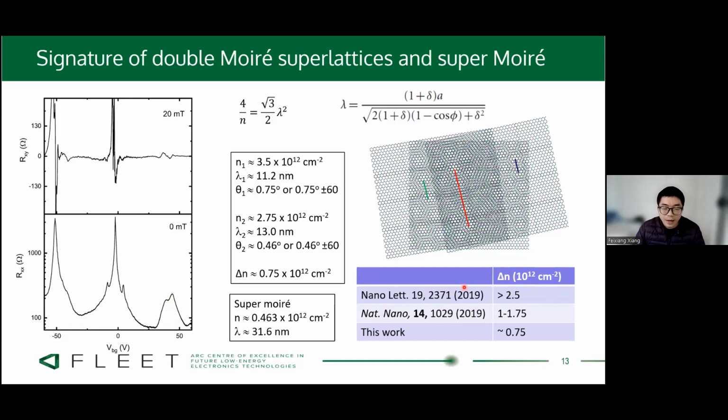But as I said, so far we can't tell whether we have a plus or minus 30 or 60 degrees offset right now. So we may need to use another technique to differentiate the three different cases.